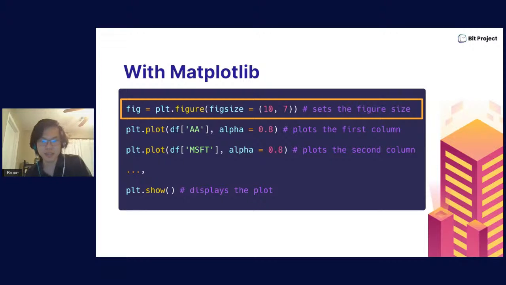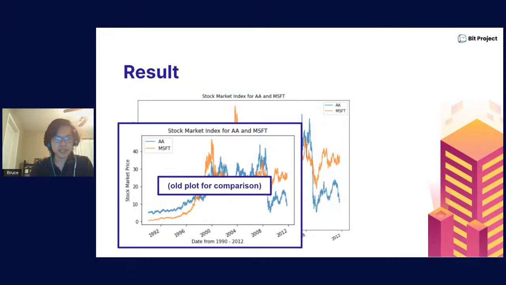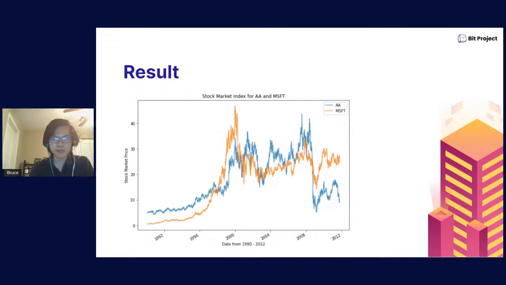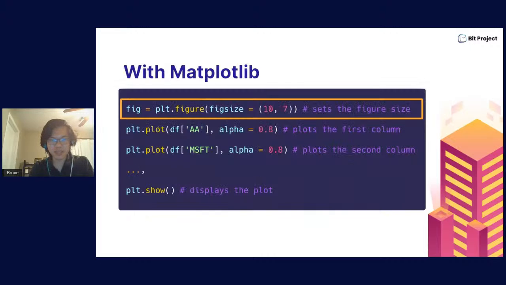But this one, again, it's just figsize. Again, you pass in a tuple with the width and the height that you want it to be. And again, old plot, small, new plot, bigger. That's pretty intuitive. Okay, pausing here for questions.